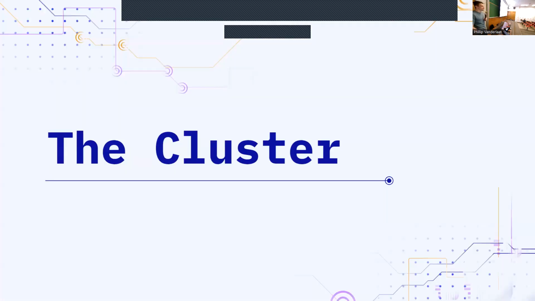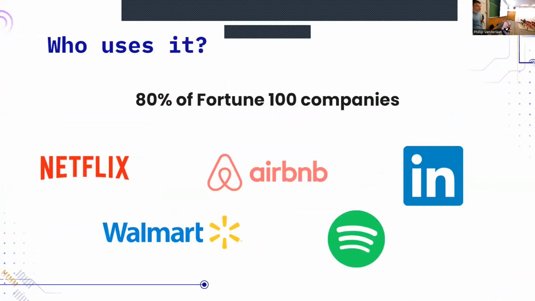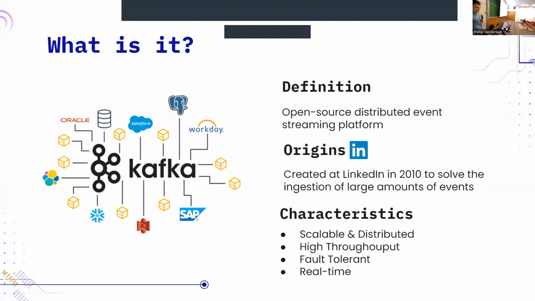I'll be honest, I'm not too familiar with other queue services. I'm not sure when those were established, but Kafka was around back in 2010. These are the main characteristics of Kafka, and the reason why Kafka exists is for these right here.